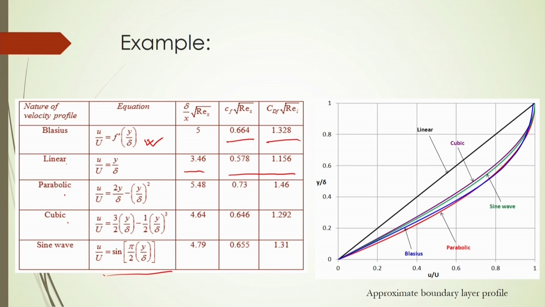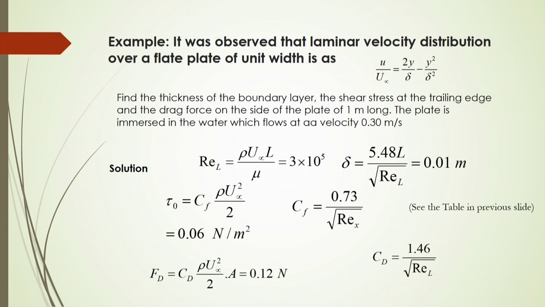So, the boundary layer thickness depends on the velocity profile over the surface. Let us do an example. It is seen that the laminar velocity distribution over a flat plate of unit width is u by u infinity equals 2 y by delta minus y square by delta square.